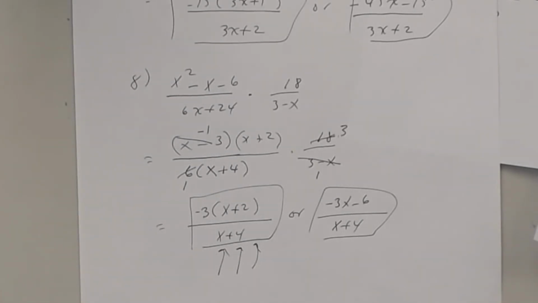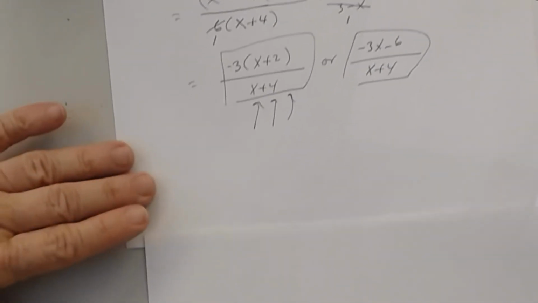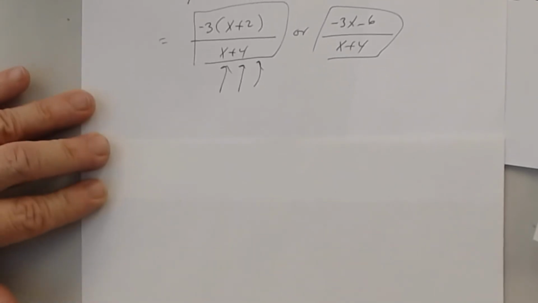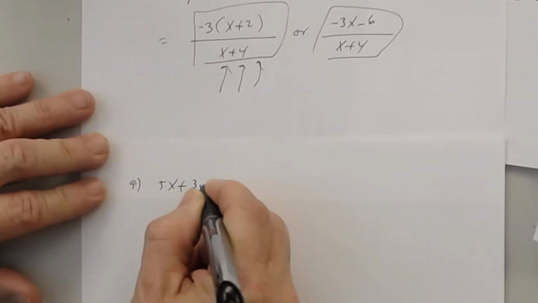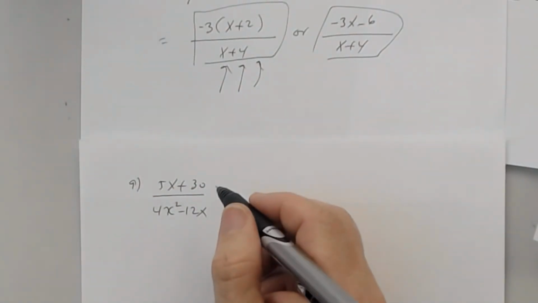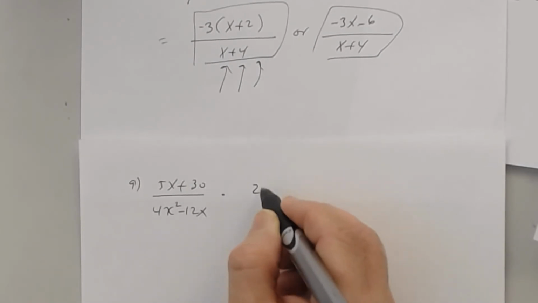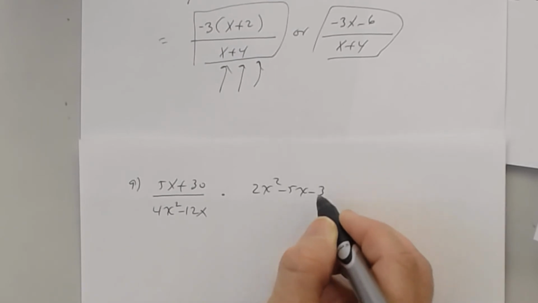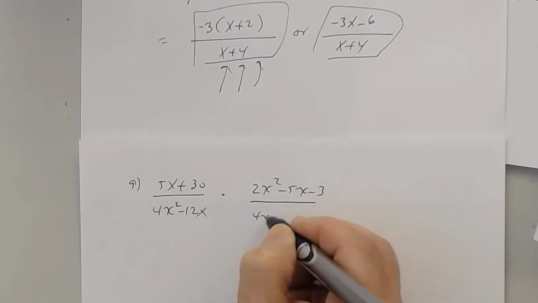Let's look at this one. All right, let's suppose we had number 9: 5x plus 30 divided by 4x squared minus 12x, times 2x squared minus 5x minus 3 divided by 4x squared minus 1.